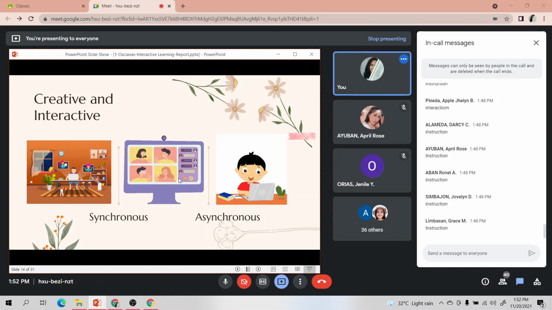Synchronous is done in real time, with students and instructors attending together. A good example is what we have right now: Google Meet, or Zoom, and Microsoft Teams. While asynchronous is a more relaxed schedule, with students accessing the class material during different hours and different locations.